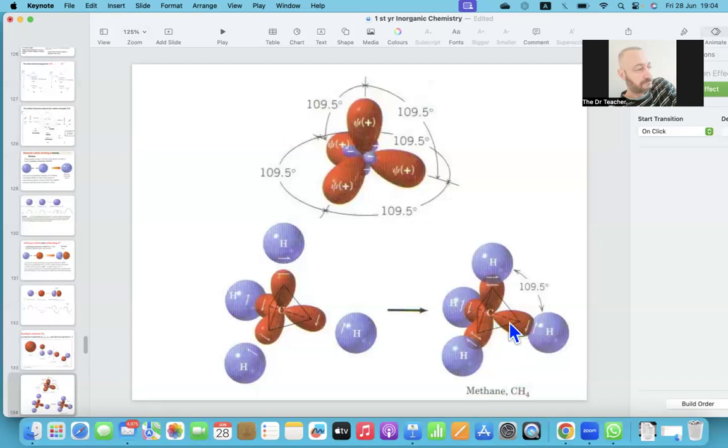Each bond is formed between hydrogen 1s and px, hydrogen 1s with py, hydrogen 1s with pz, and you see the other one here, to form the methane.